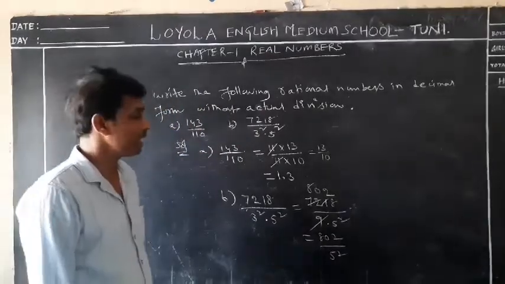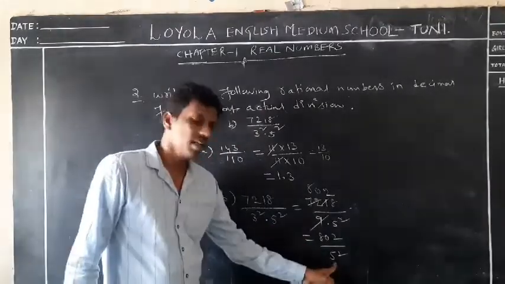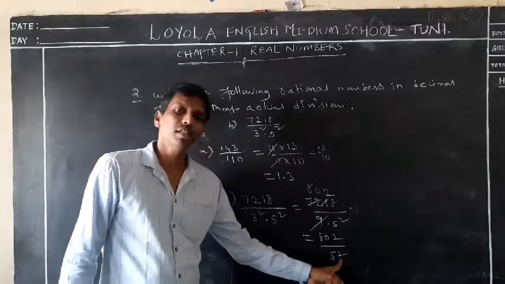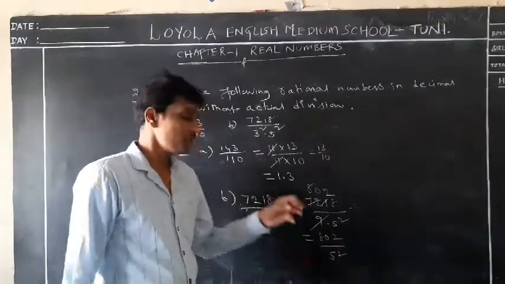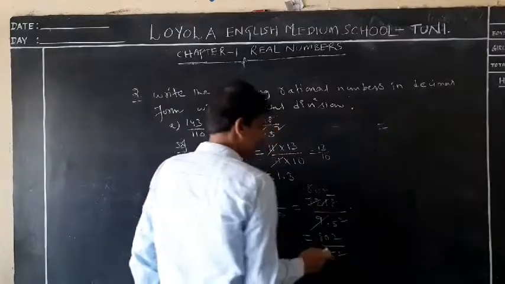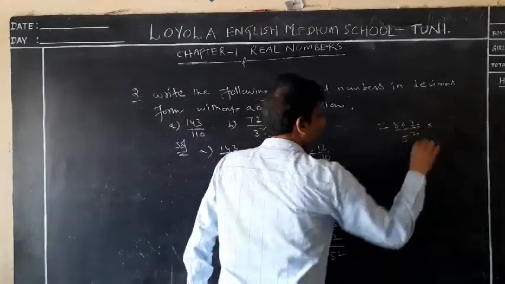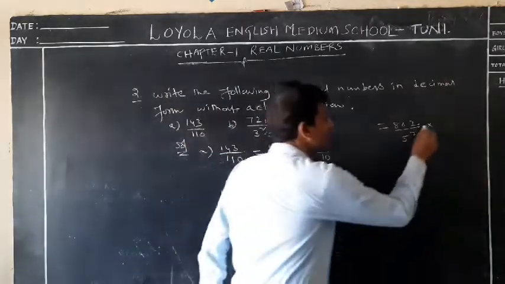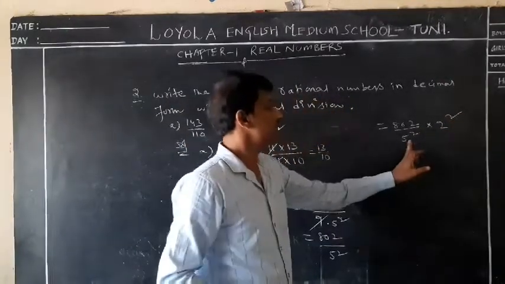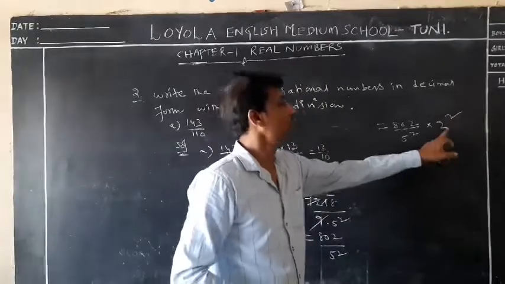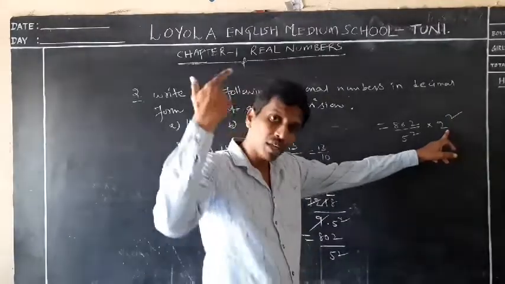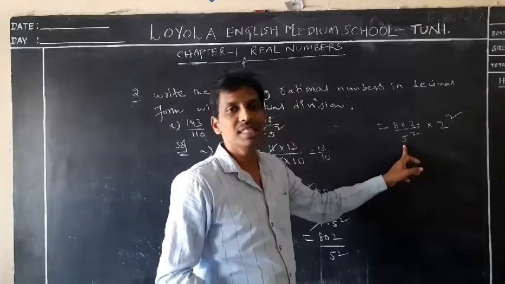What am I doing to get a decimal expansion? Because here 5 is multiplied 2 times. So that is the case. This entire fraction 802 by 5 square I would like to multiply with the 2 table. Since the power of 5 is 2, I would like to multiply with 2 power 2 only. Here 5 power 3 is there.